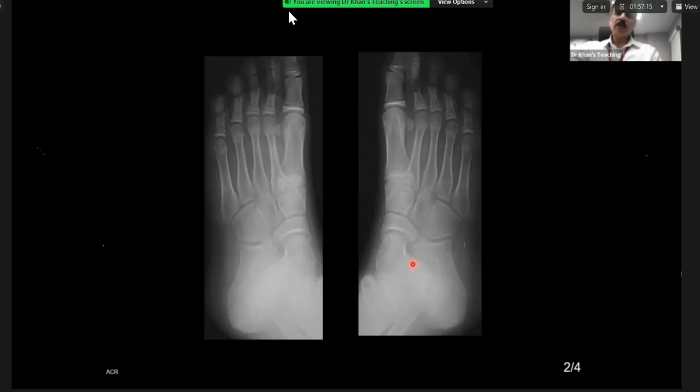Now, with that background, look at the concept. The concept is that coalition can be fibrous, it can be cartilaginous, and it can be bony. Bony means there is a bony bar. When there is cartilaginous or fibrous coalition, then you will see some changes around in the bone: sclerosis, the joint space might be reduced, and things like that.